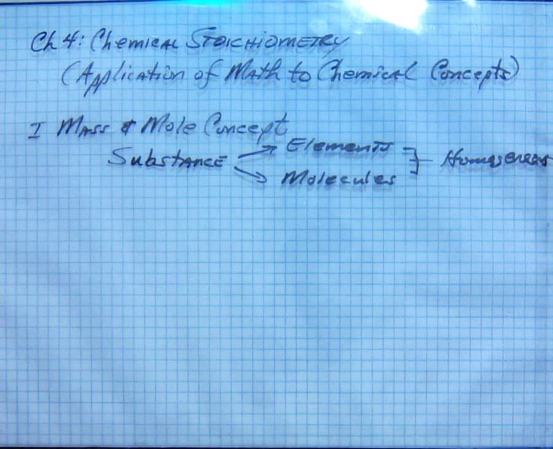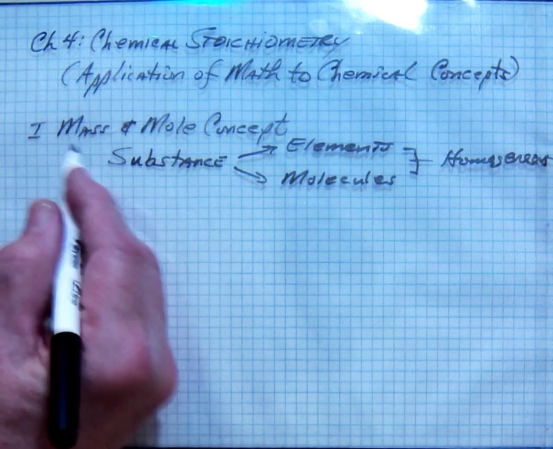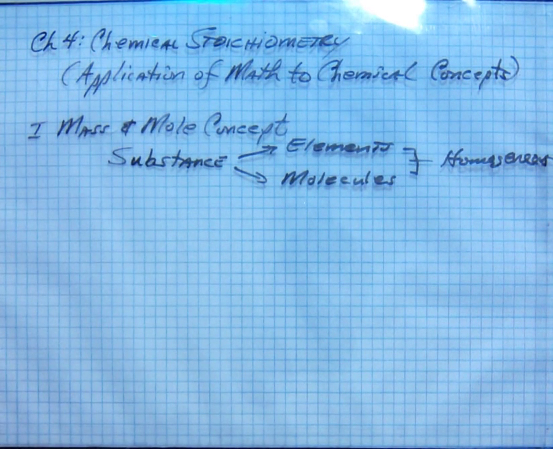So I'm going to give you a definition in terms of substances. In your mind, keep elements and molecules both apply to the terminology. Now, one of the first issues most of you already know, and so I'm going to work a couple of problems on this, and we will move on into the mole concept.